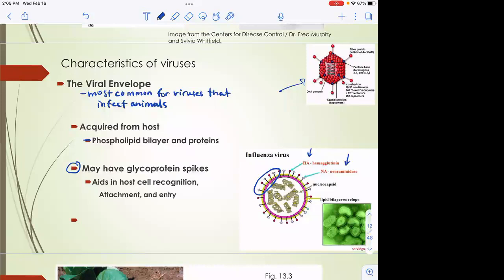One other interesting thing is typically enveloped viruses are pretty wimpy in the environment. So let's say enveloped viruses degrade quickly in the environment.